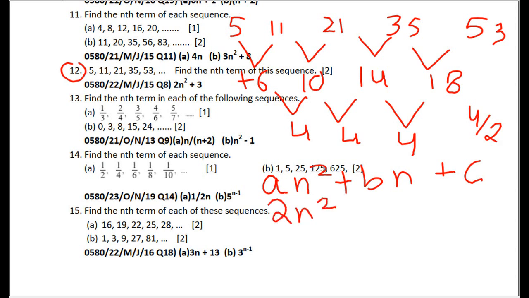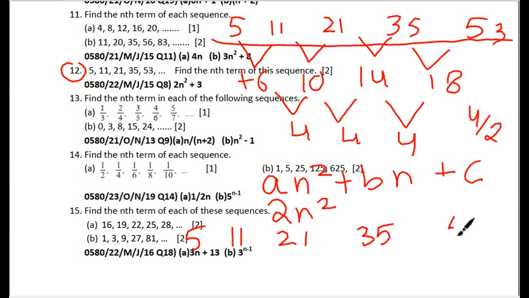Next we write the original sequence again, 5, 11, 21, 35, 53. From this we subtract 2n square. So 2 times 1 square is minus 2. Then minus 2 times 2 square will be minus 8. Then minus 18. Then minus 32.